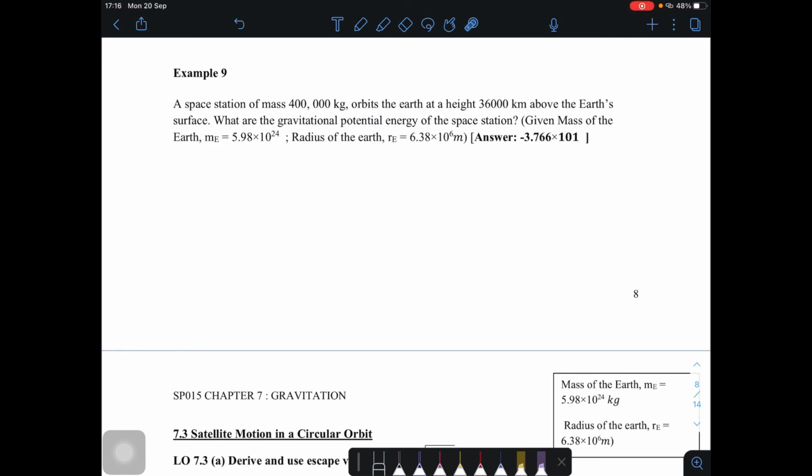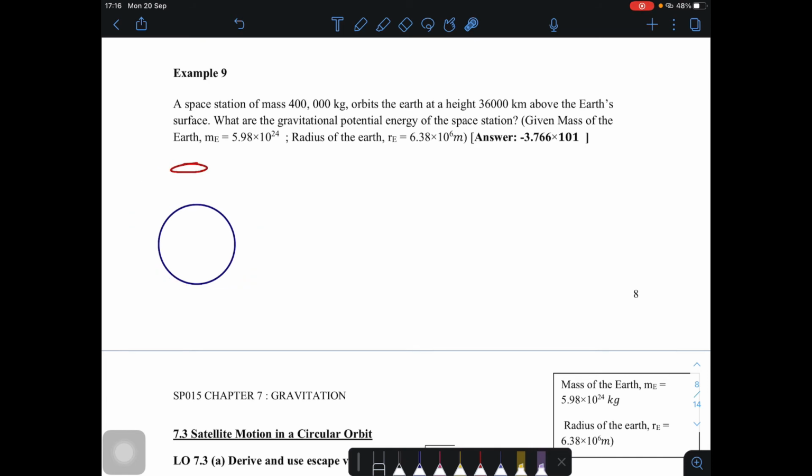Okay, next one, example 9. A space station of mass 400,000 kg orbits the Earth at a height of 36,000 km above the Earth's surface. What is the gravitational potential energy of the space station? Okay, so we have the Earth here, and then we have the space station, okay, orbits around the Earth.